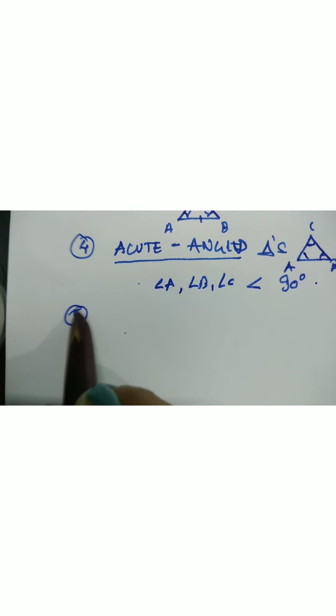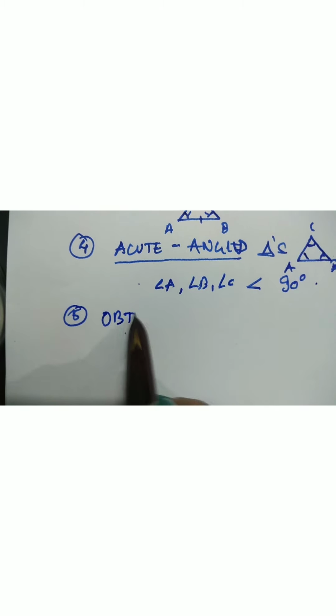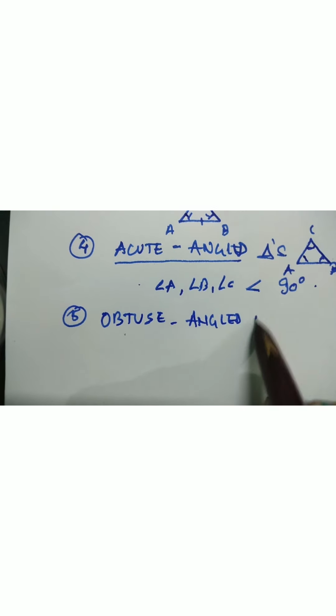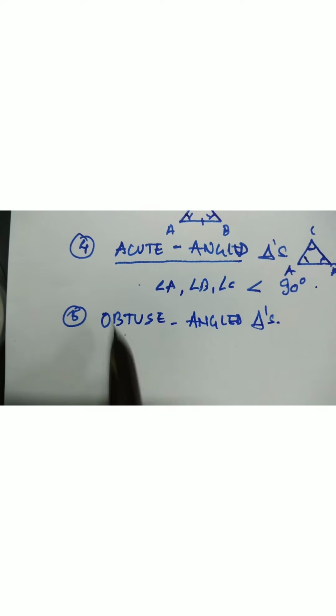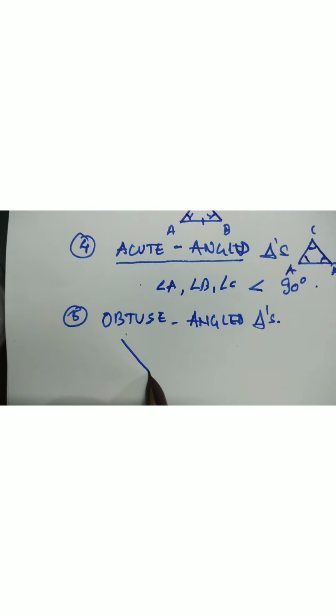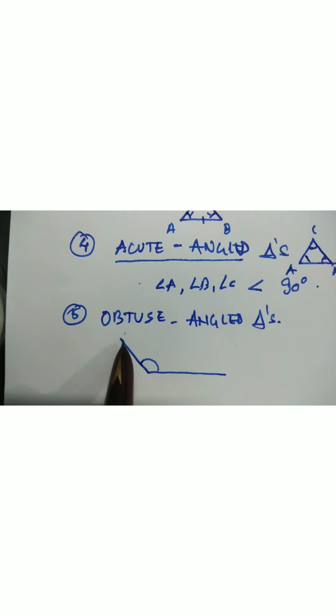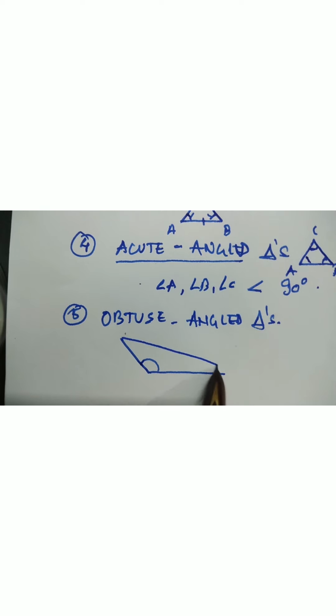We can have obtuse angled triangles as well. What is an obtuse angle triangle? Obtuse angle triangles are those triangles in which one angle is more than 90 degrees. Here I am going to make one angle, the measure of this angle, more than 90 degrees. The rest two can't be.